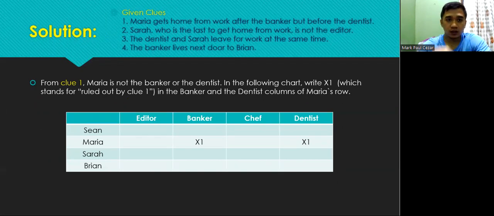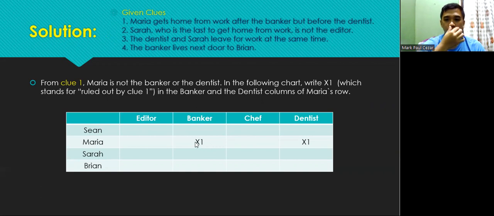So using deductive reasoning, from clue 1, Maria is not the banker or the dentist. So in the following chart, we are going to write X1, which stands for ruled out by clue 1.